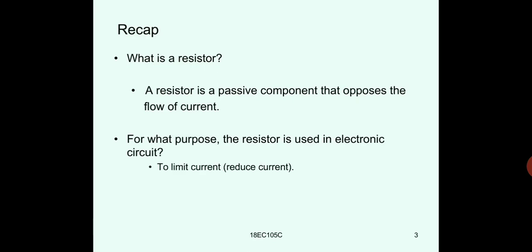It will be used to limit the current or reduce the current that is flowing through that arm where you are connecting in series of that circuit. Then it is also used to provide the voltage drop, so that the drop across this particular resistor will be fed or applied to the next circuit that is in sequence to that.